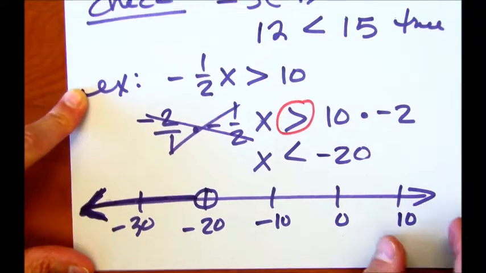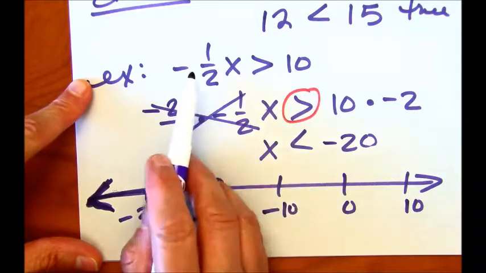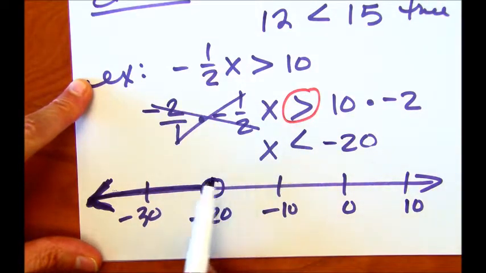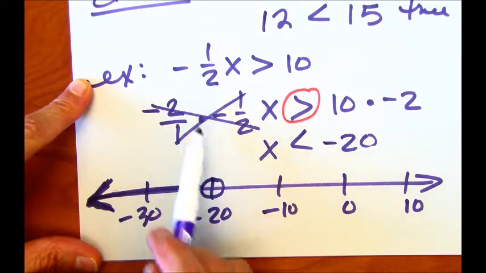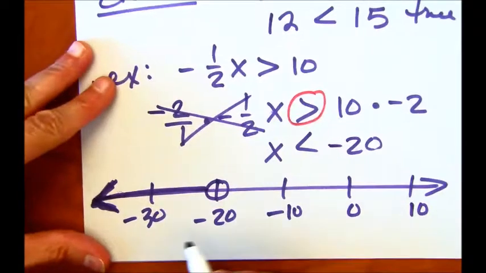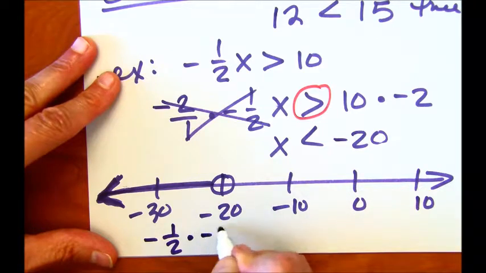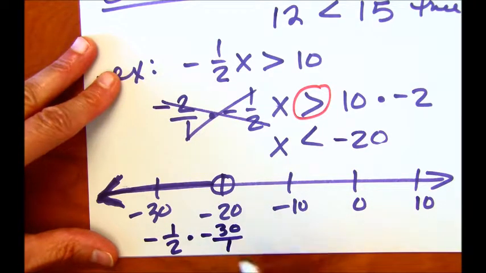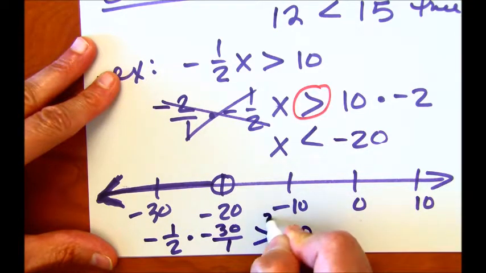Okay, now I want to find a number and then plug it into the original inequality. So I'm going to pick an even number because that's going to be easier to work with. Let's say we go with negative 30. So negative 1/2 times negative 30, or negative 30 over 1, because we're dealing with fractions here. Is that greater than 10?